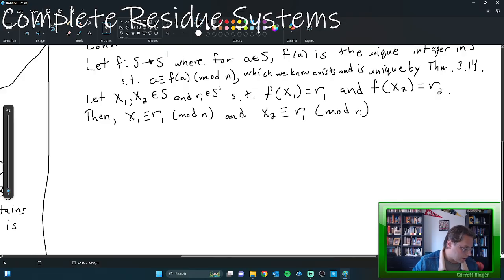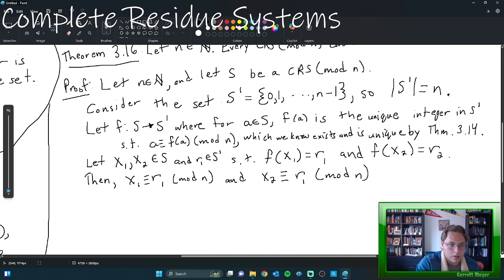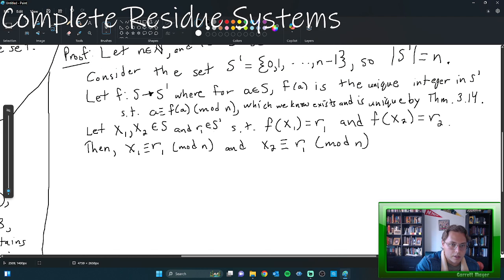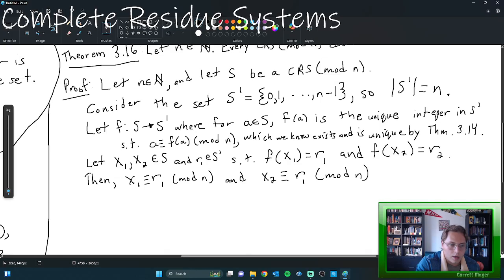But remember, in the definition of a complete residue system, every integer is congruent modulo n to exactly one element of the set. This is the same number, but it's congruent to two different numbers in this complete residue system. And we said that S is a CRS, a complete residue system.